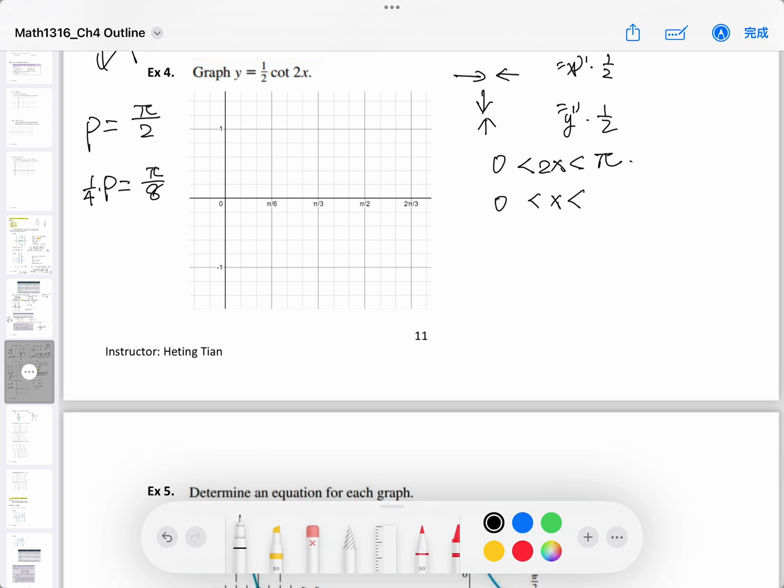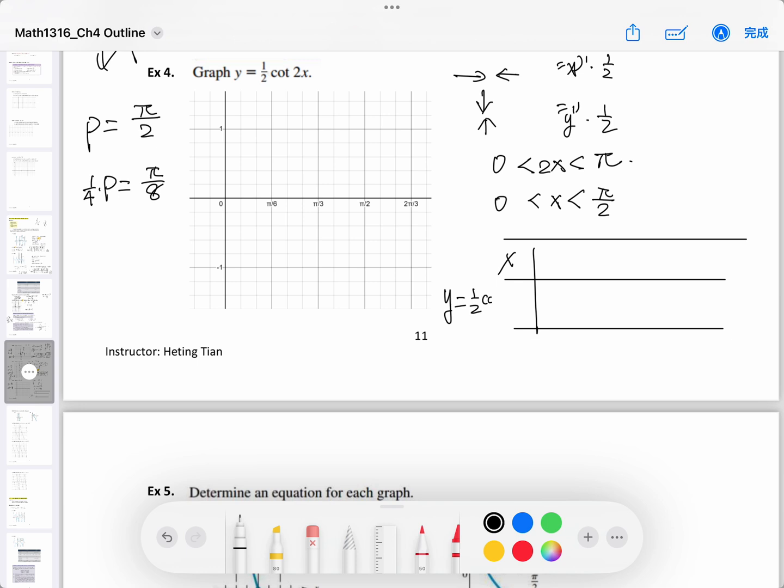0 and half pi. Okay, so if I'm graphing, I'm finding my table, x and y is equal to 1/2 times cotangent 2x. So I can find the two vertical asymptotes. They are 0 and half pi.